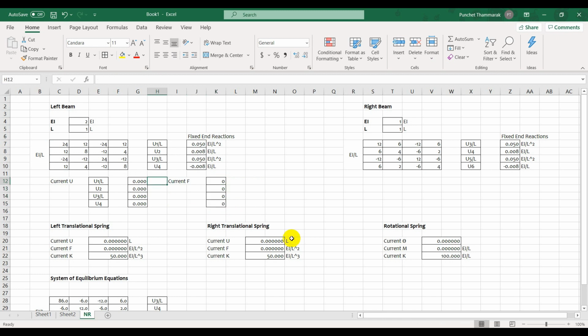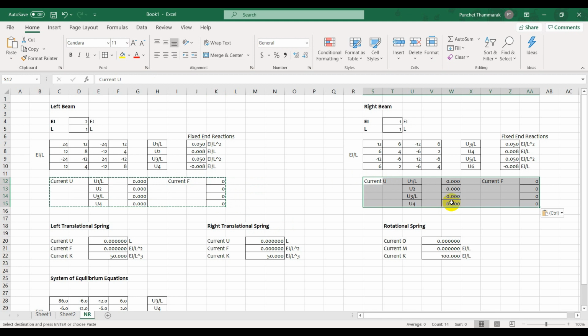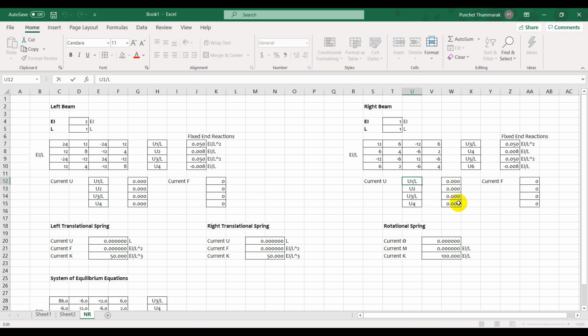Here, this is divided by L, so everything is dimensionless already. Okay. Work the same way for the other element. And this is just U3. Yeah, just copy. This is a pure force resistance.